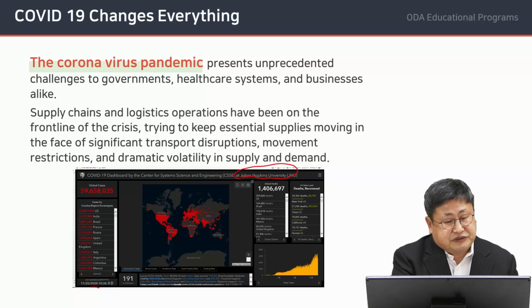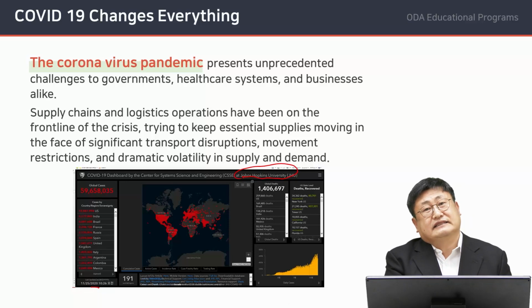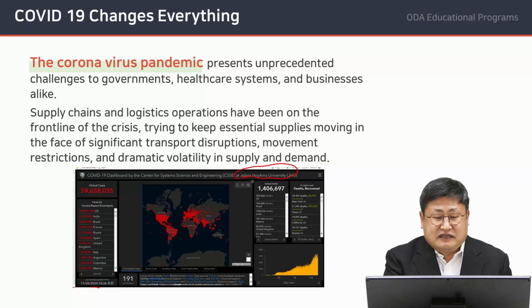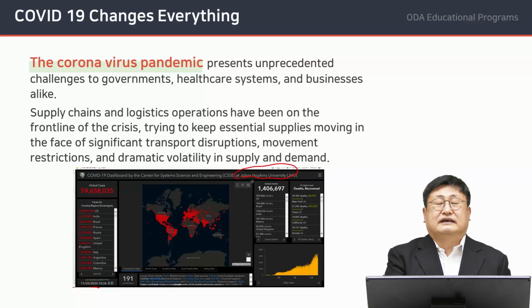According to this slide, global cases are 59 million, people contracted with COVID-19, very, very serious. And the death toll is almost 1,500,000 people.